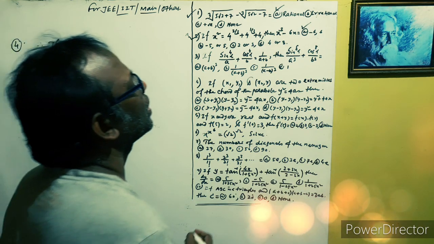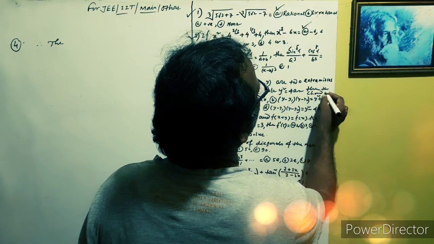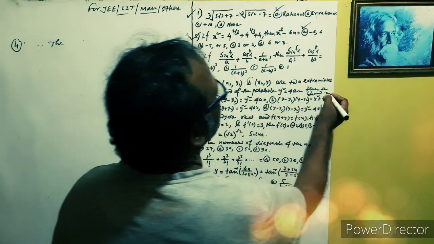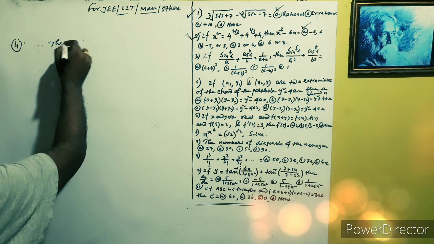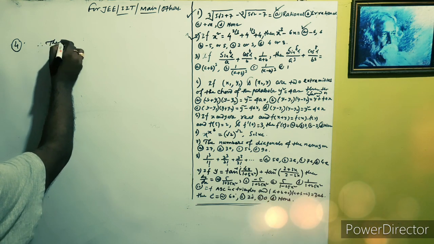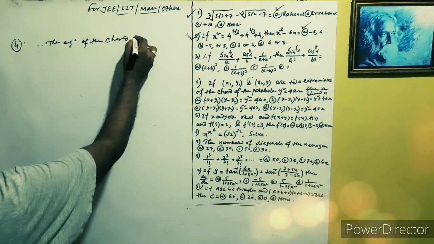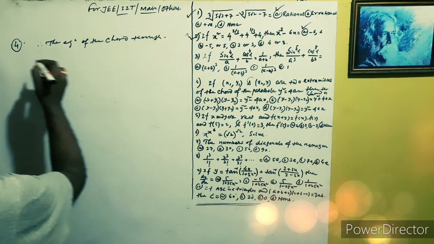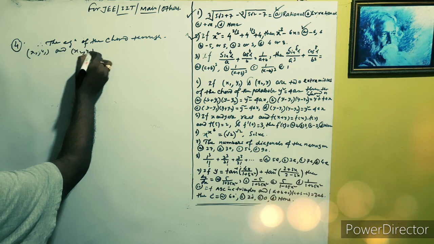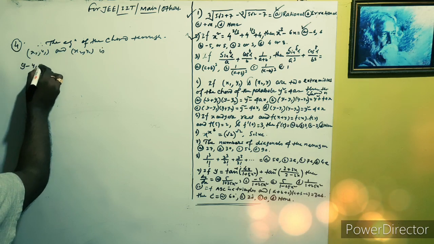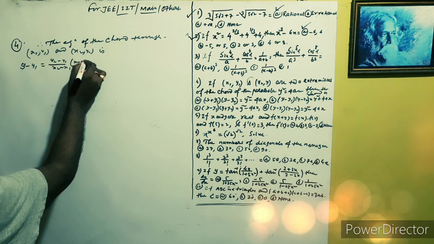Then the chord is, which one of the equations? The equation of the chord through x1, y1 and x2, y2 is y minus y1 equals y2 minus y1 by x2 minus x1 into x minus x1.